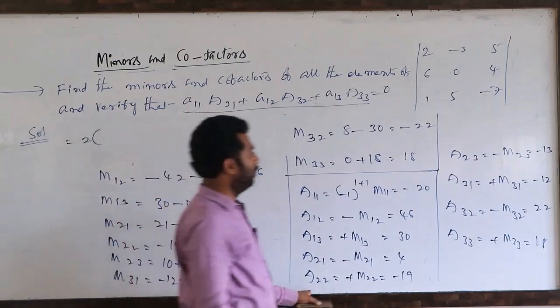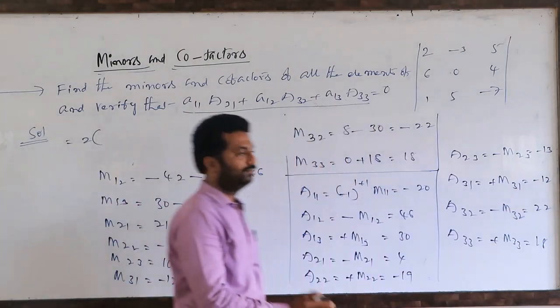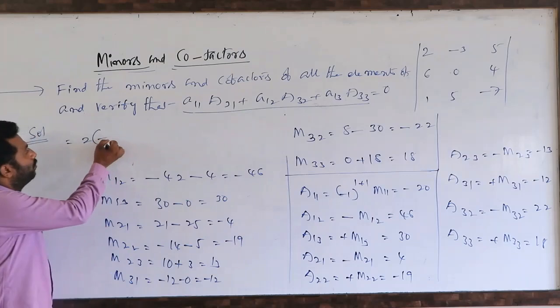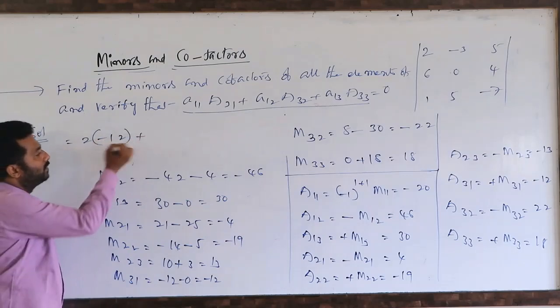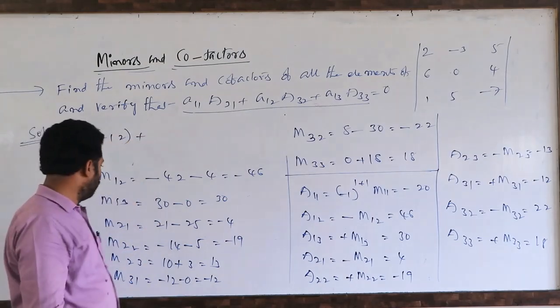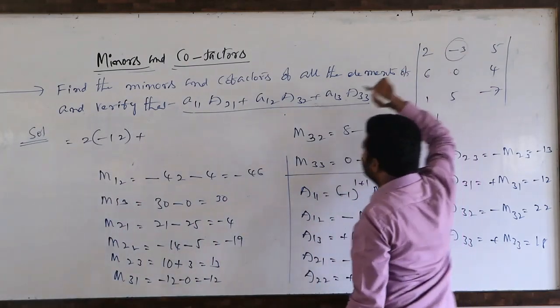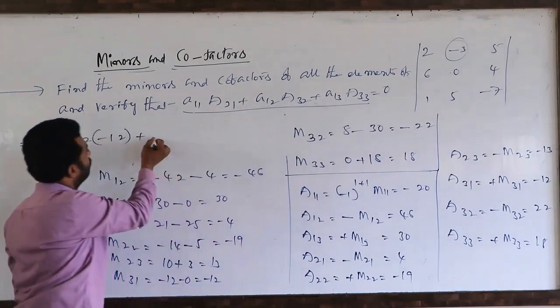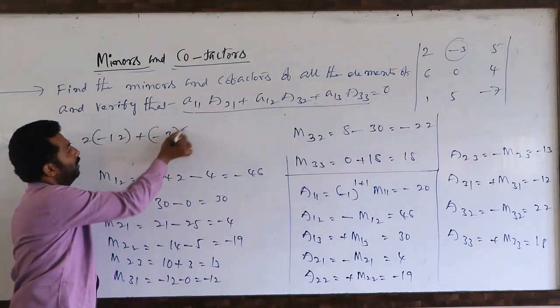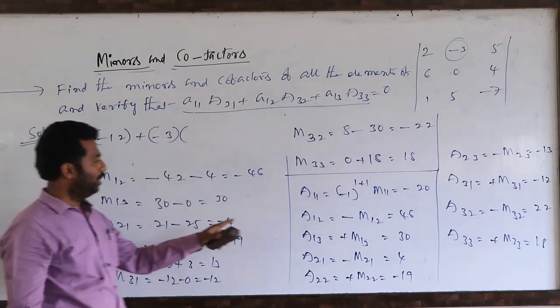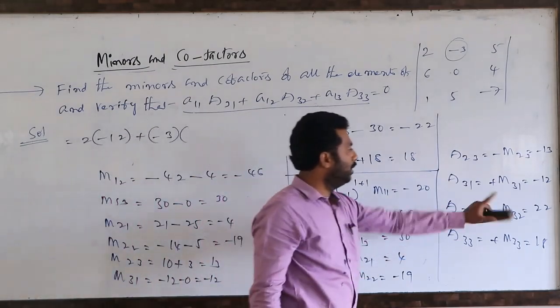What is A31 value? Minus 12. Plus A12. What is A12? First row, second column. That is minus 3, into capital A32. A32 means how much? 22.